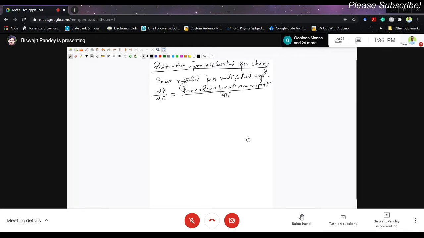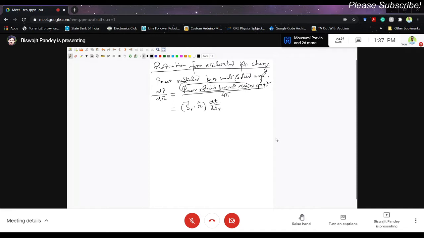The formula for this we have already derived: it is given by the Poynting vector S_r dot r-hat, times dt/dt_r.